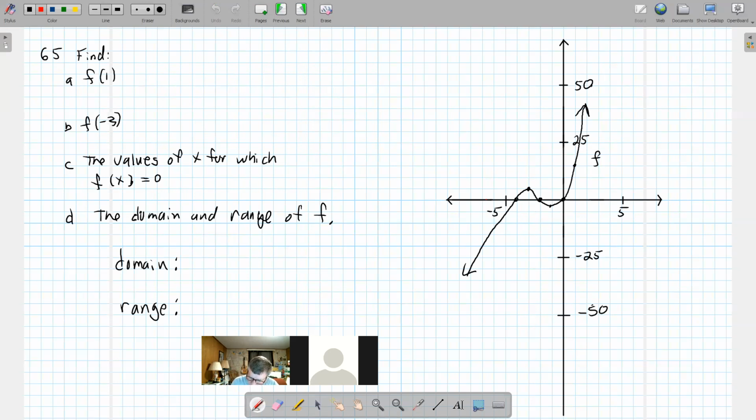So f of 1 would be 15. The x value is 1, but the corresponding y value is 15, right? Because you got 5, 10, 15, 20, 25. Okay. F of negative 3 would be 5.